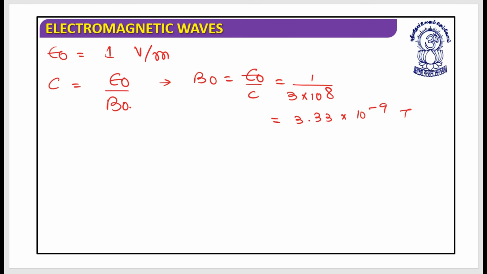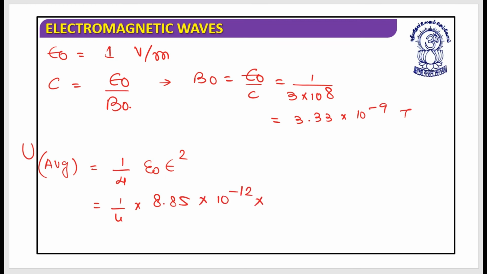Now what I want is the average energy density. It's generally denoted with U, so let's do it. U average should be equal to 1 by 4 into epsilon naught into E square. So this is 1 by 4 into 8.85 into 10 to the power minus 12 multiplied by 1 square, which equals 2.2125 multiplied by 10 to the power minus 12 joule per meter cube.